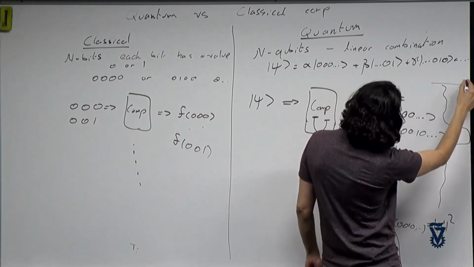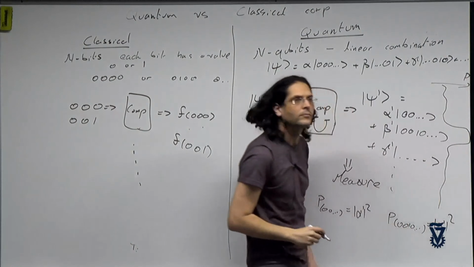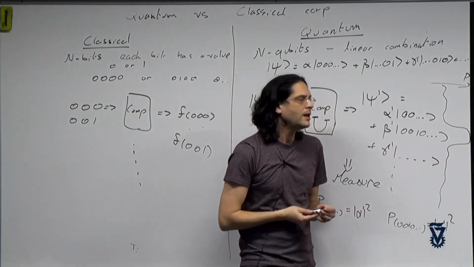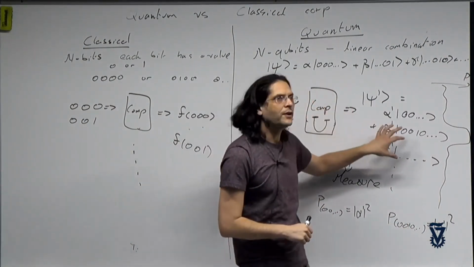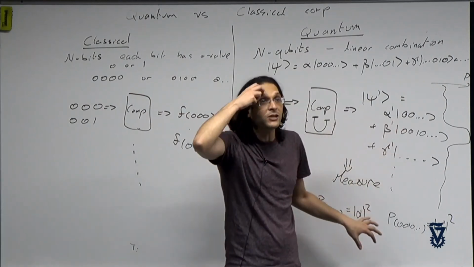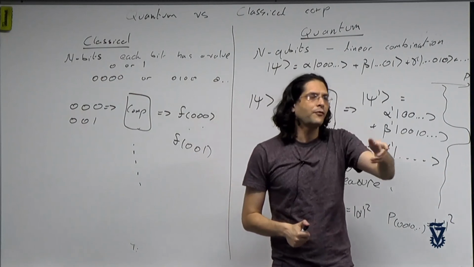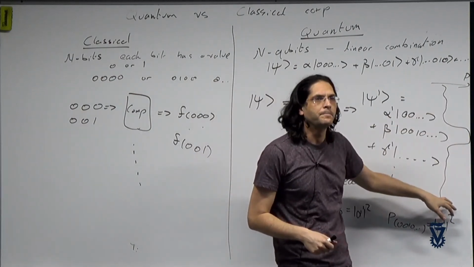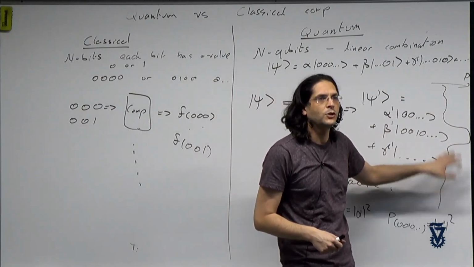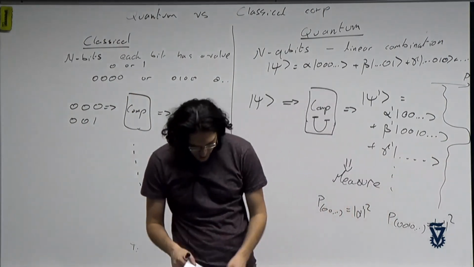This is probability. Okay? So you want to think about what's going on here as an interference, and what's happening in the measurement is that you're sampling from this interference pattern. Okay? And so you want your answer to have the highest probability.